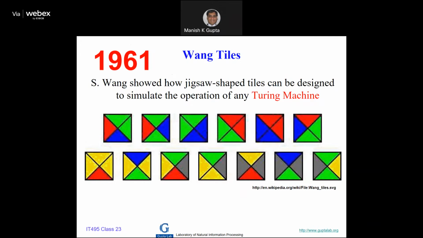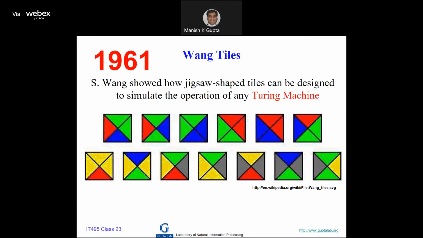For example, this tile and this tile can combine if the corresponding edge colors match. In the second row, the third tile and fourth tile cannot combine because the colors are different, whereas this tile and this tile can combine because the colors are matching.